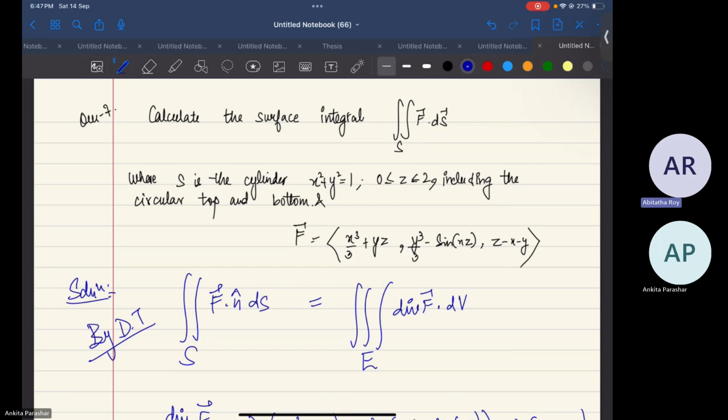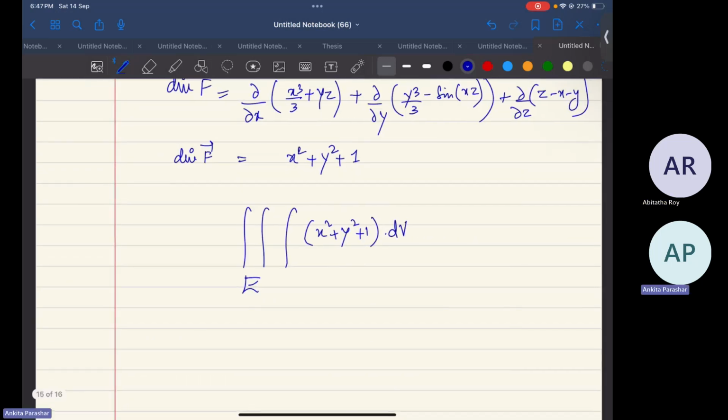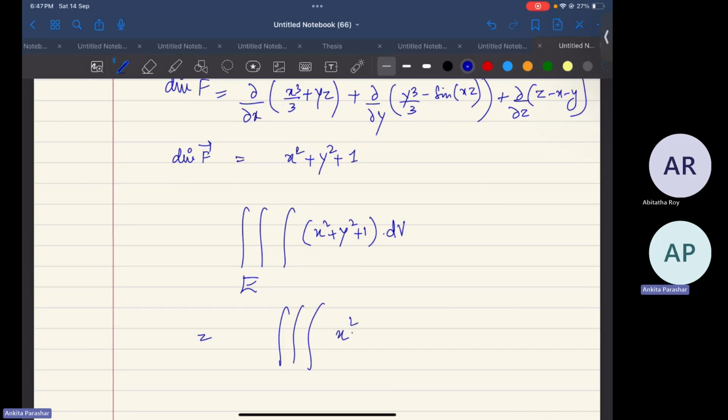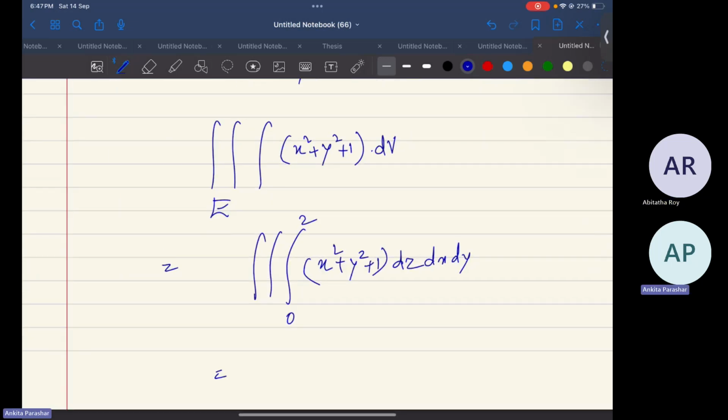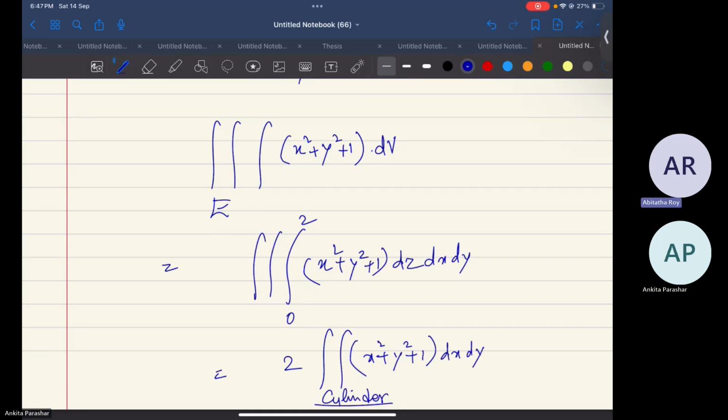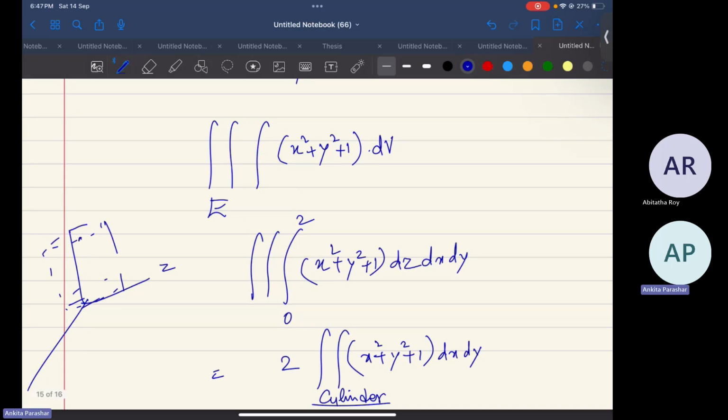Yeah. After solving the z part, we change to polar. Correct. So let's write this part: x square plus y square plus 1, then dz dx dy. Z goes from 0 to 2, constant outside. This is over the cylinder. You have this cylinder from 0 to 2, the height is 2.